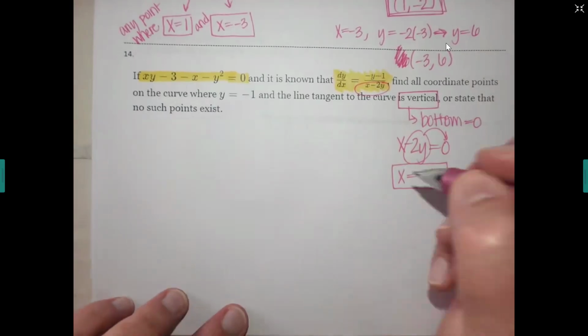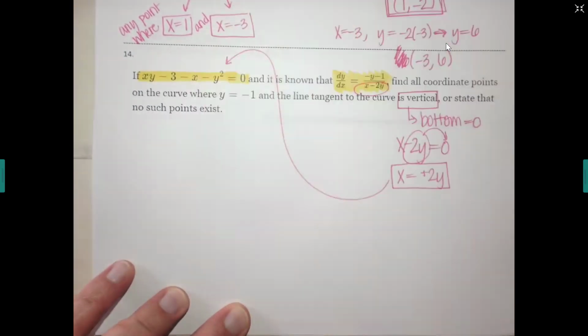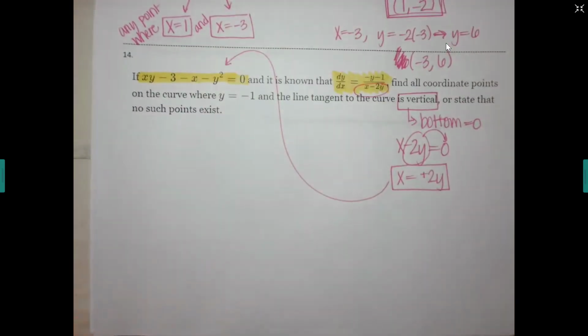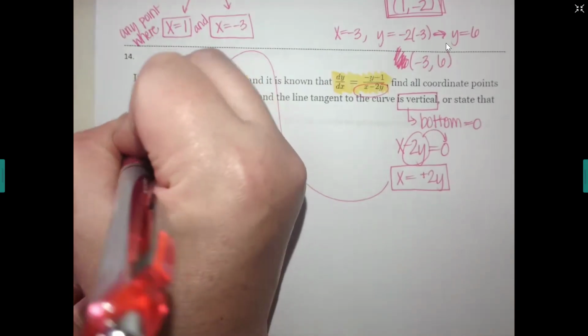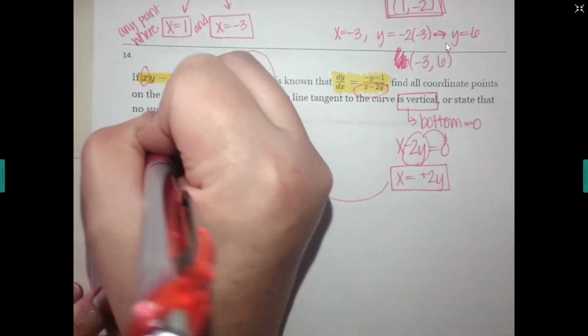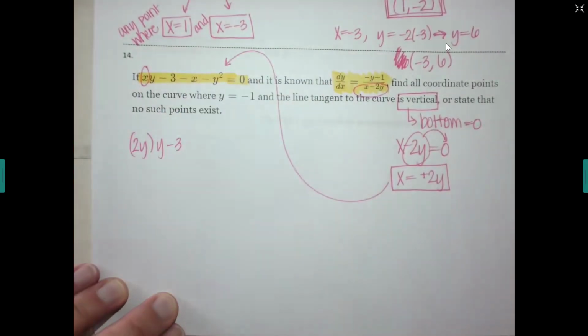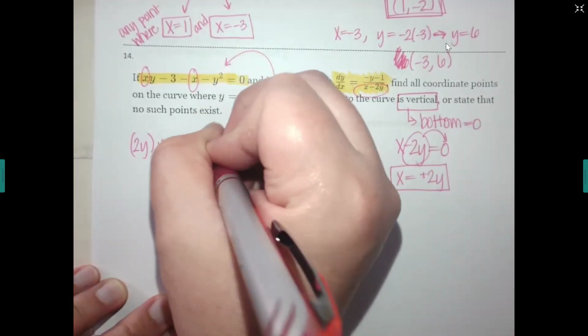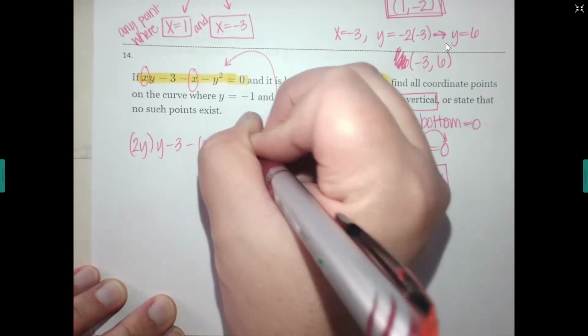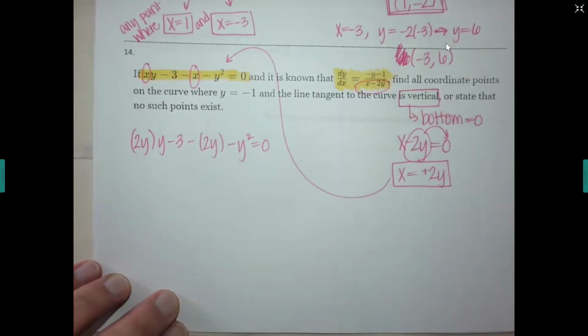So in my xy minus 3, I'm going to replace the x with a 2y, times the y minus 3. Then I have a minus, and x is now being replaced with a 2y, minus y squared equal to 0.